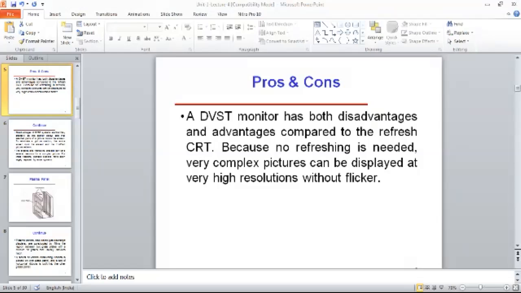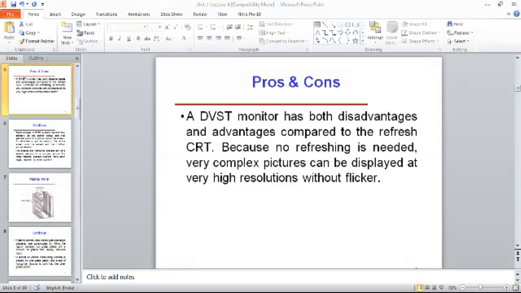We can compare this in case of refreshment. In case of CRT, a refreshment is needed, that is screen refresh, or we can say image refresh. But in case of the DVST, no refreshing is needed. Very complex pictures can be displayed at very high resolution without flicker.